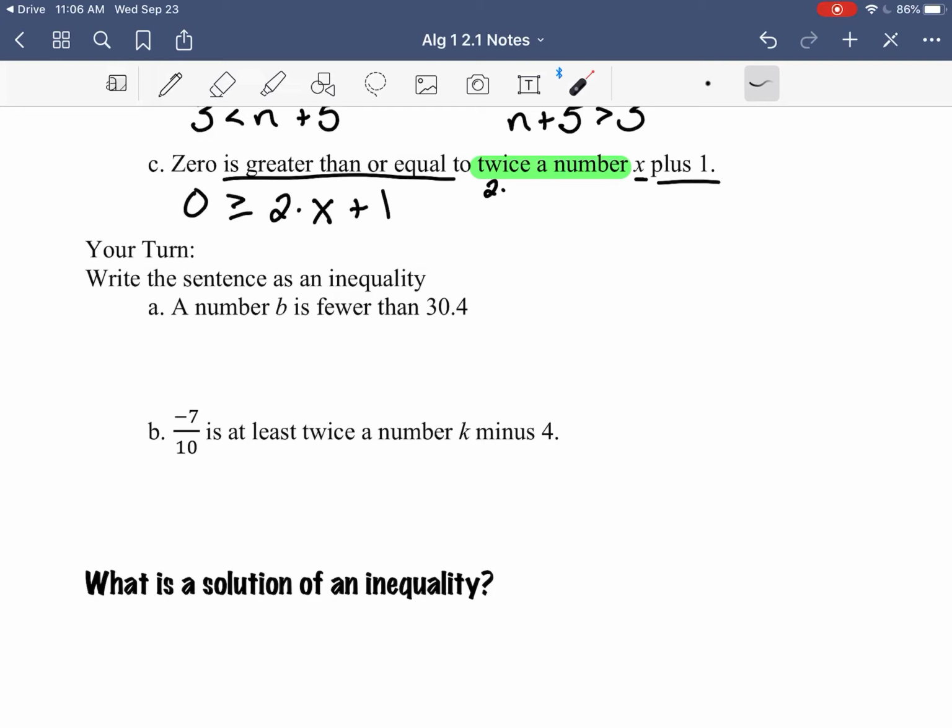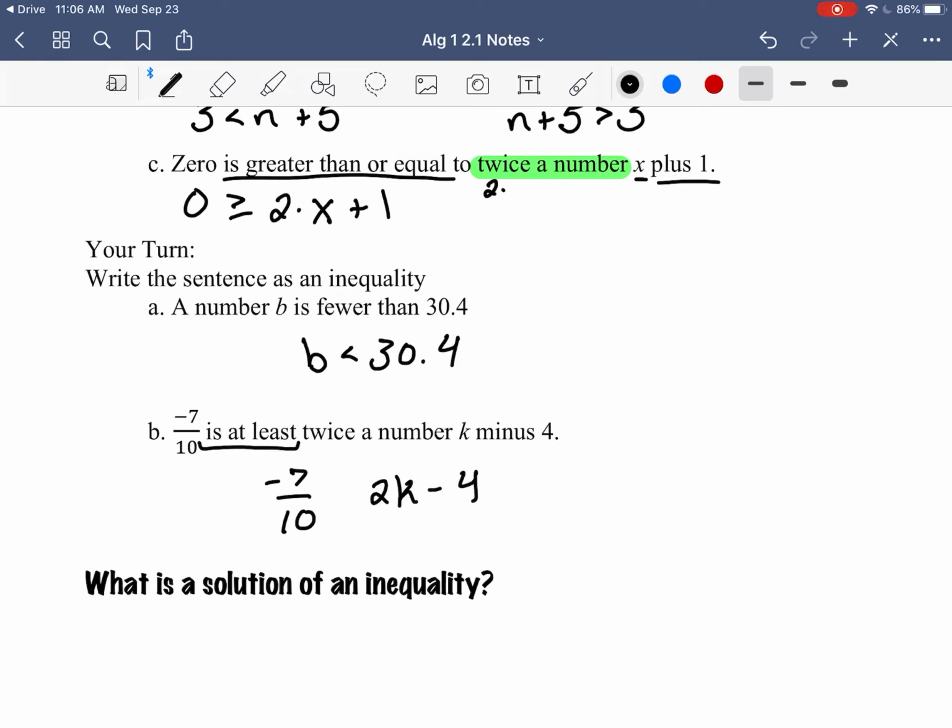All right, so hopefully you did those your turn problems. Here I'll go ahead and give you the answers so you can see if you're right. B is fewer than, that would be less than 30.4. And negative 7/10 is at least, we're going to come to that in a minute, twice the number, so 2 times the number k minus 4.